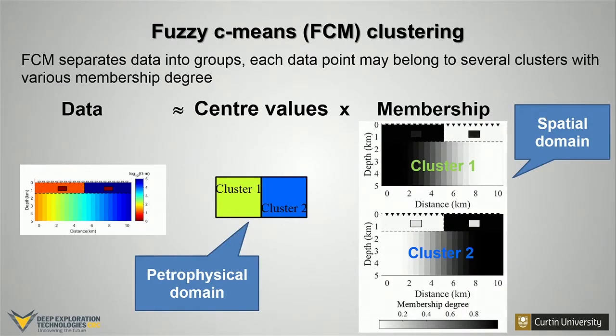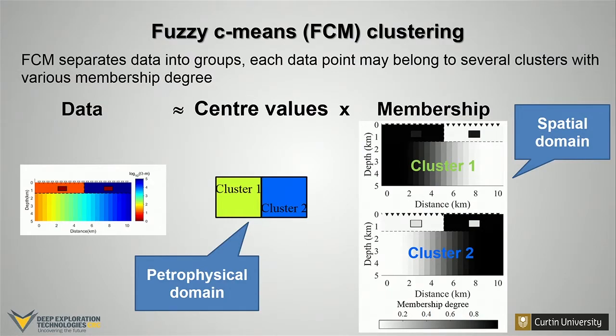More specifically, we use fuzzy C-means clustering in our process. Fuzzy C-means is an unsupervised learning algorithm that separates items into clusters, and each item can belong to many clusters, but with different membership degrees. Membership degree can be the likelihood or probability of putting the item in the cluster.